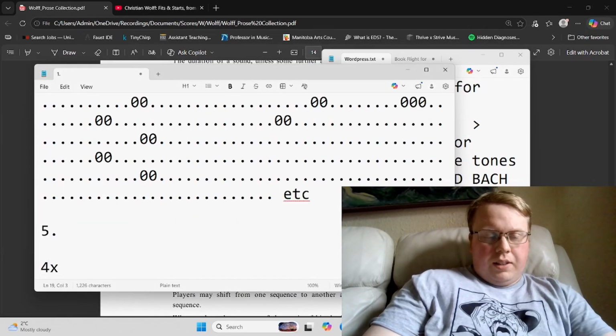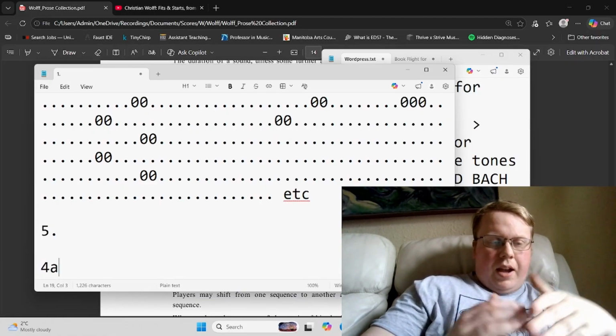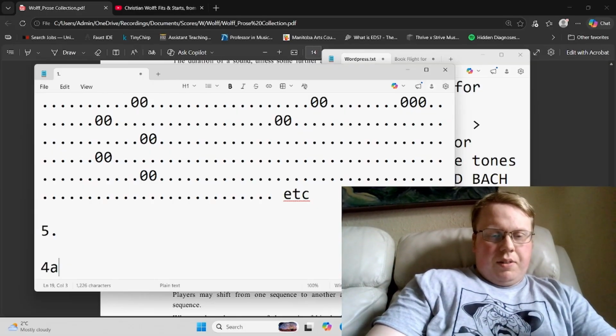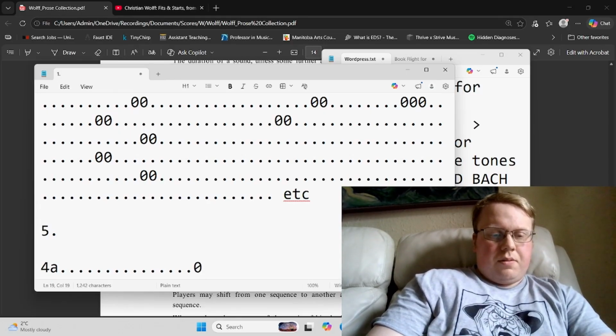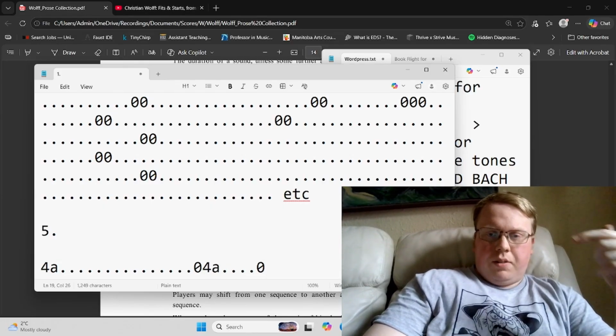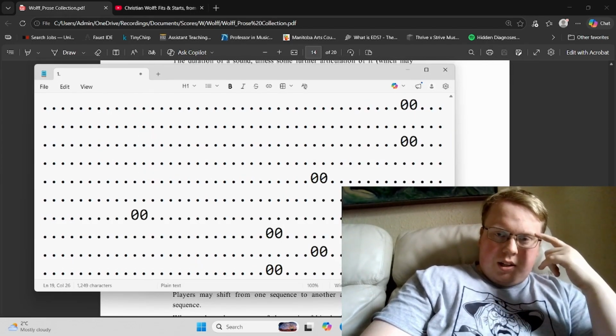After 4 articulations, we'll just do that symbol, A for articulations. So after you hear 4 of your other players doing things, then you count to 15 and you play once, okay? Then you listen again, 4 articulations. Then you count 4 beats, play. That's what I think it is, just reading it here.